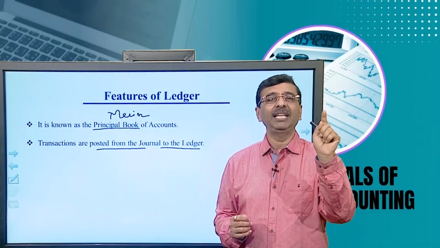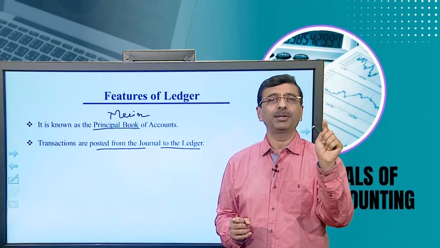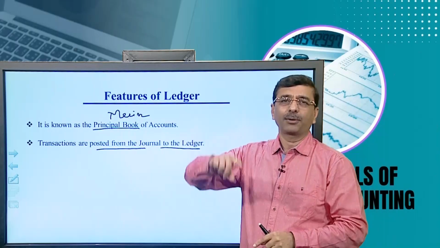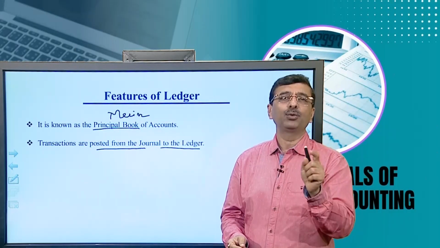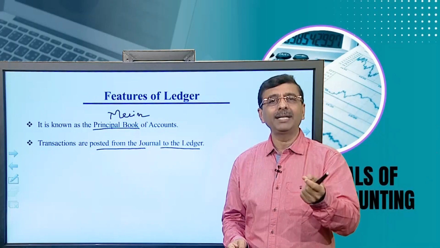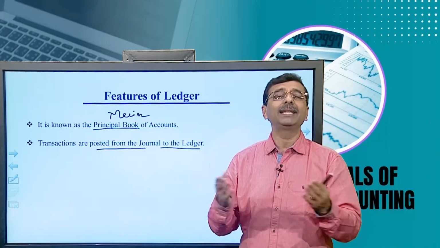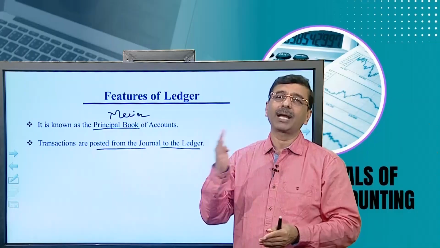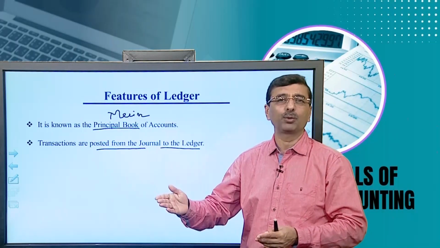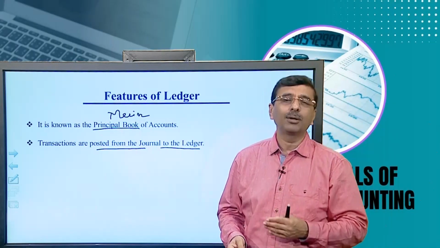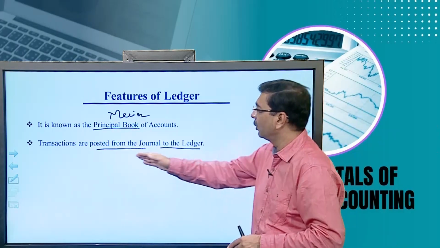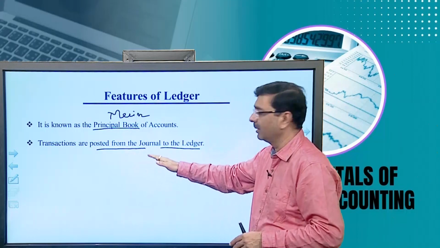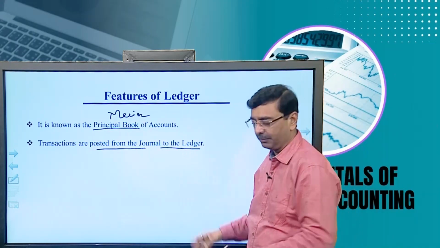Because whenever each transaction's effect is recorded in the ledger book on a particular page, it is convenient for audit and for easily recognizing that these transactions were recorded in the ledger book on so and so page. So we cannot miss out a transaction entry in the ledger book. That is why all these transactions are posted from the journal book to the ledger book.